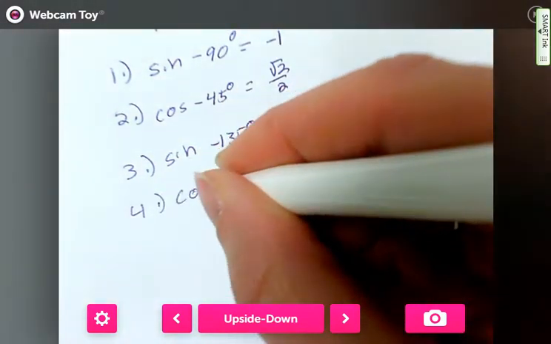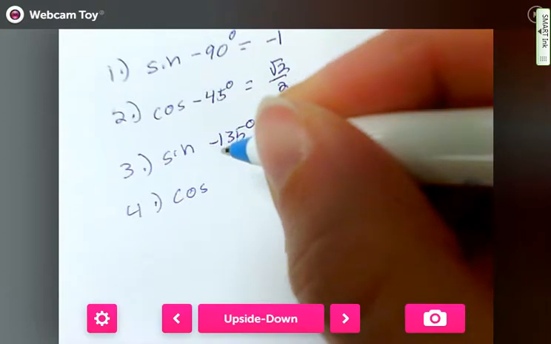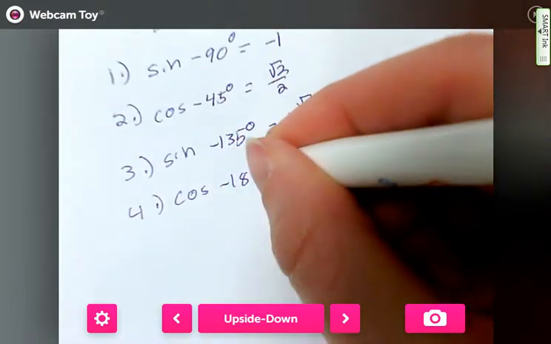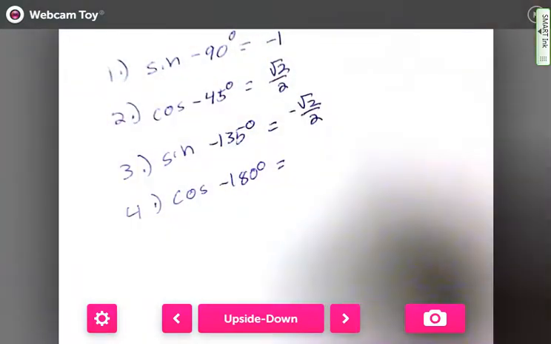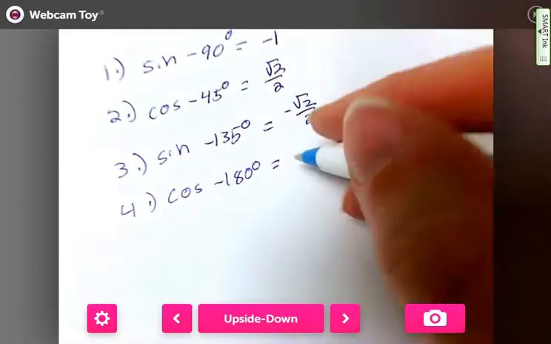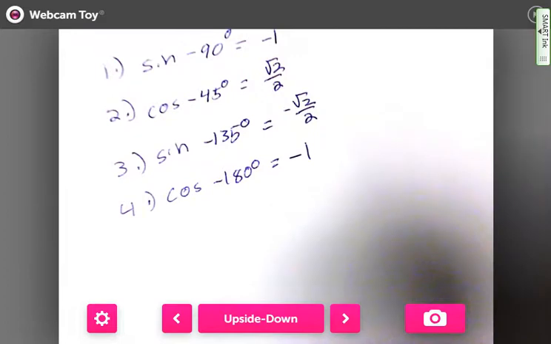What's the cosine of negative 180? Anybody? Negative 1. Okay? Feel pretty good about that? If you've got the negatives written on your paper, you should be in good shape.